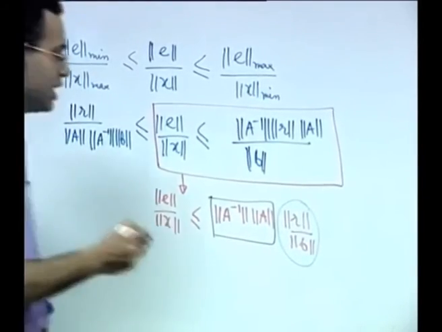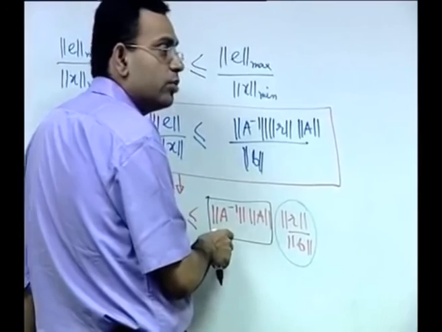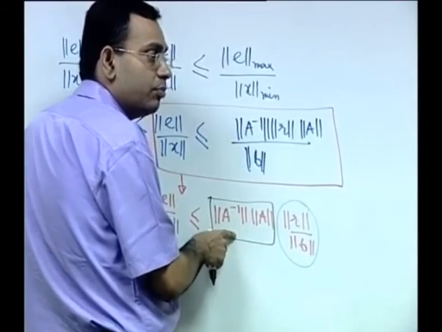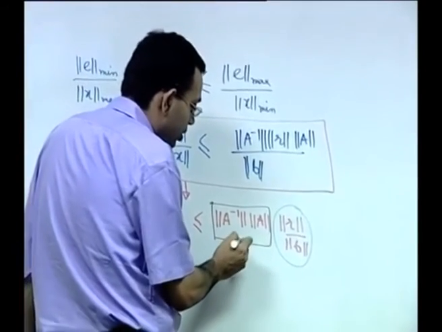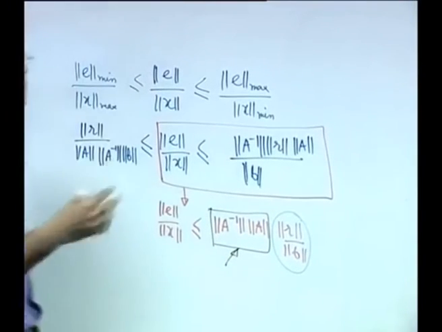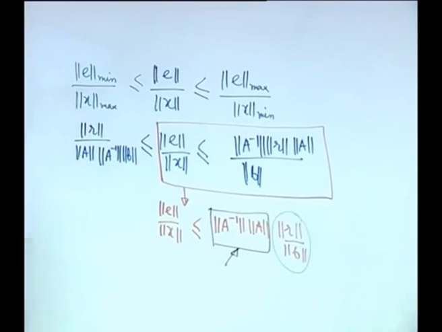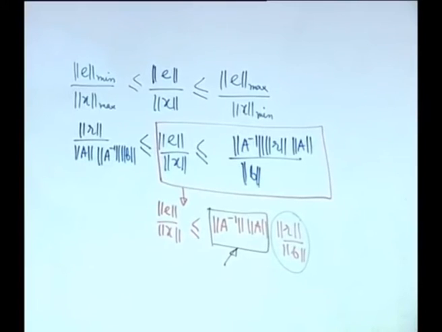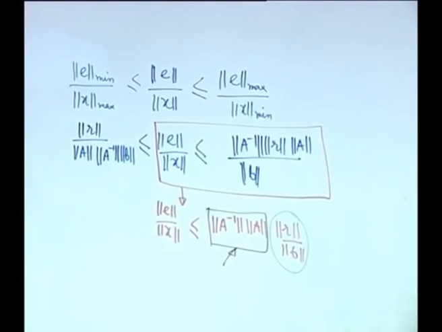It is the largeness of norm of A into norm of A inverse that is a very important consideration, and therefore, this determines the condition of the accuracy of the system of equations that you are solving.